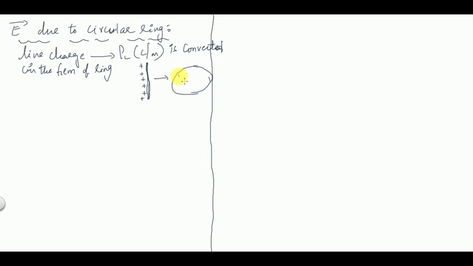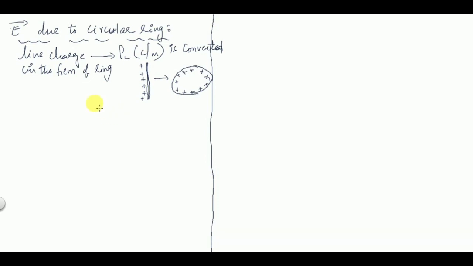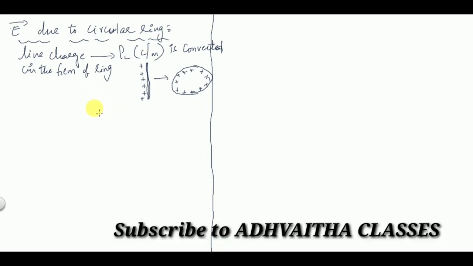So everywhere the charge exists at the edge of this circular ring. When this line charge is converted in the form of a circular ring, we have to find its electric field intensity.